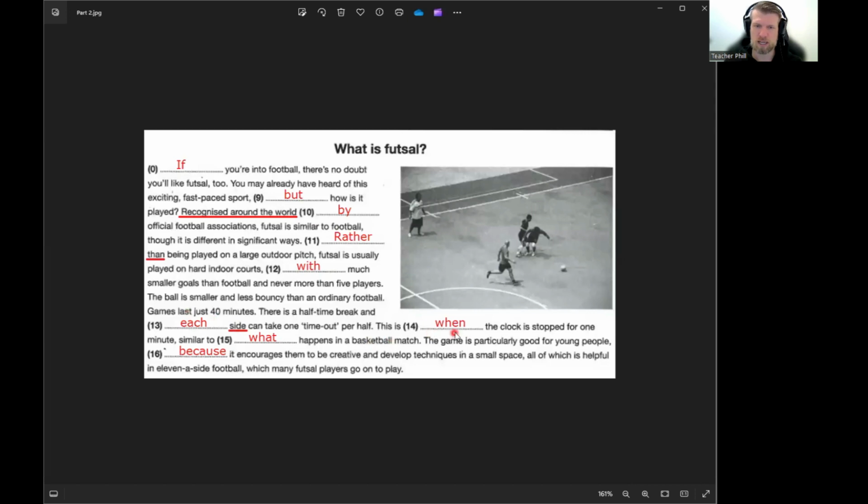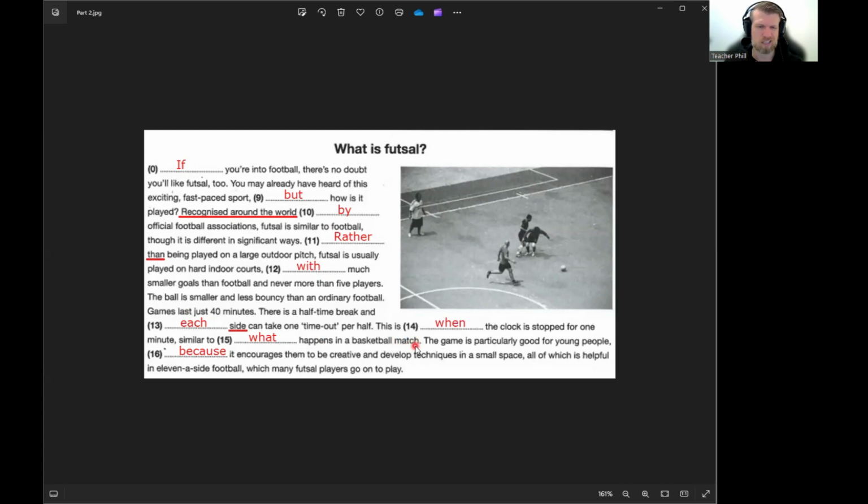Then in 14, I say here, this is when the clock stopped for 1 minute, because we're talking about time. So I guess that when makes sense here. This is when the clock is stopped. I'm happy with that. We're still talking about this timeout where they can take a break. And then it continues, similar to what happens in a basketball match.